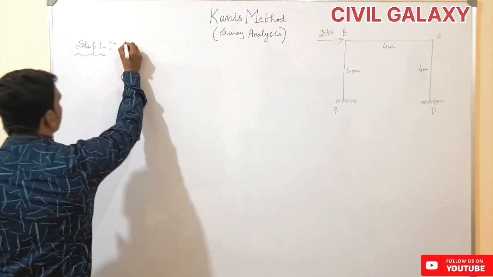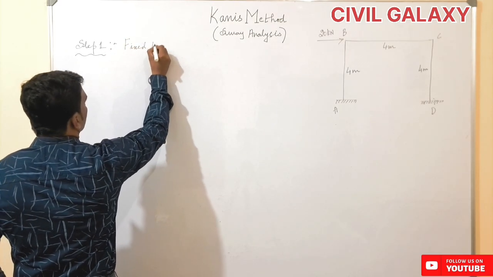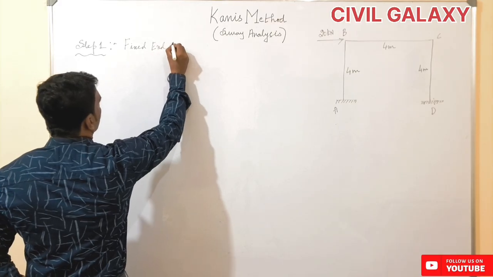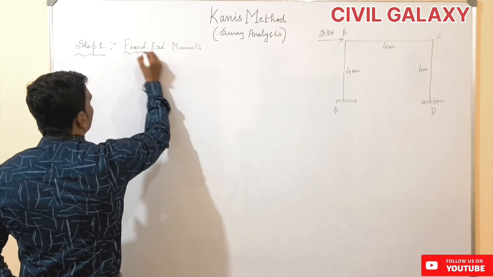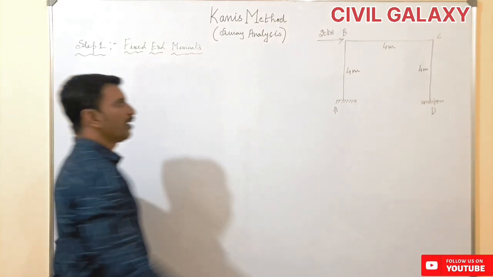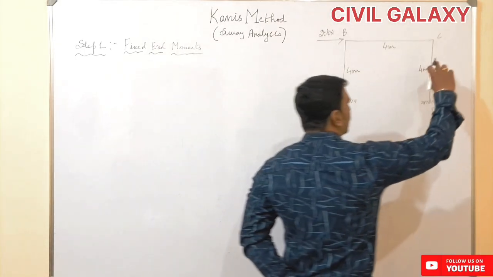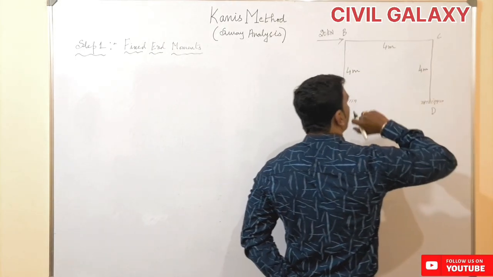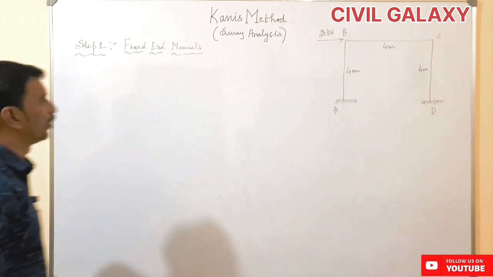To calculate the fixed end moments, if you observe over here, there is no loading on column AB, there is no loading on column CD, and there is no loading on beam BC also.